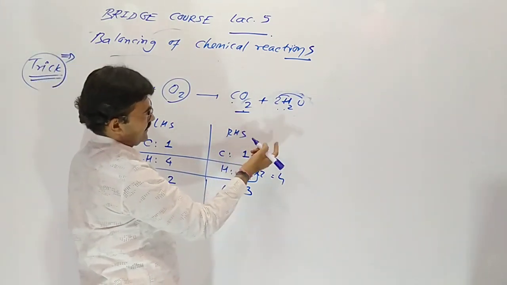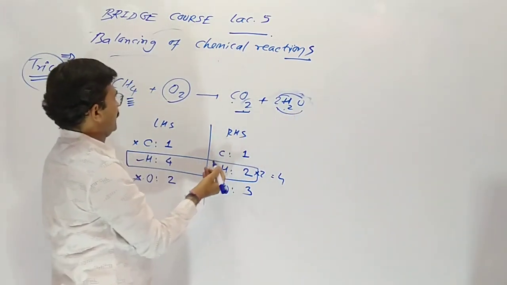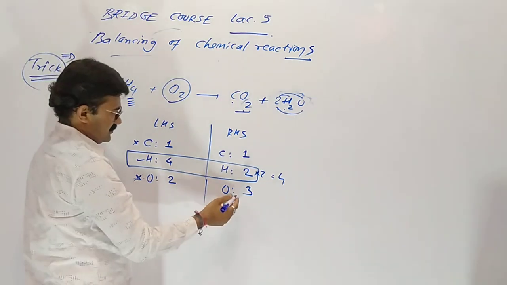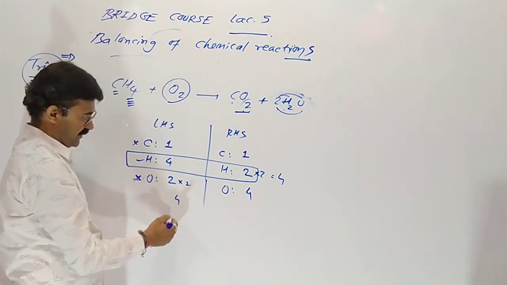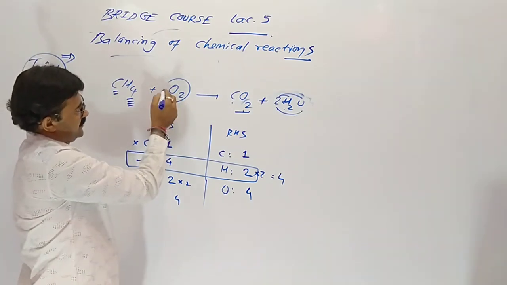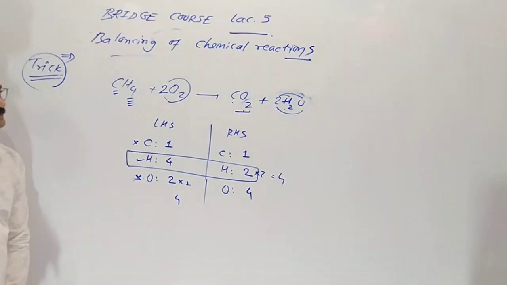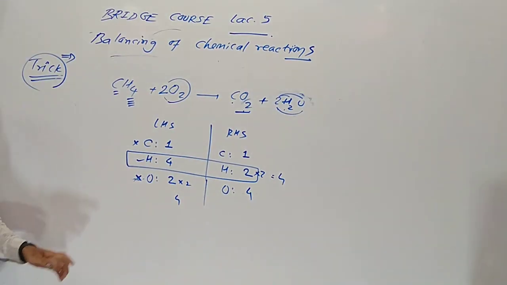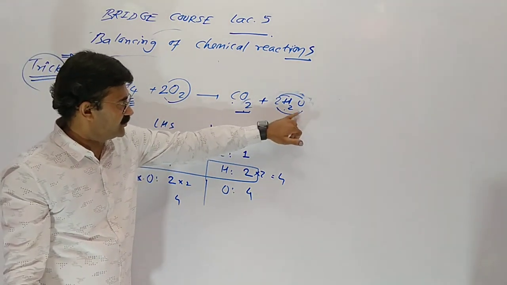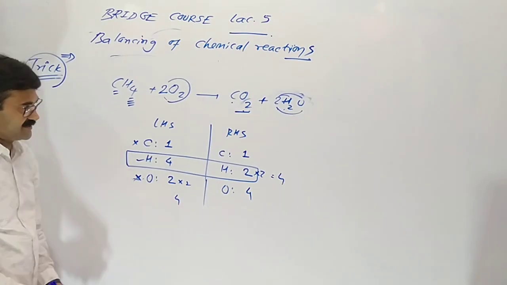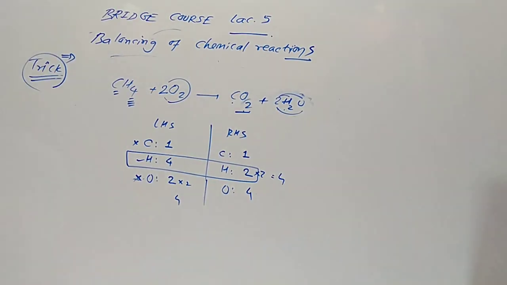Here oxygen changed, 2 plus 2 is 4. Here oxygen is 4 now, so we are multiplying by 2. So here should be 2. So carbon 1 time, hydrogen 4 times, and 2 plus 2, 4 times. This is our balanced chemical reaction.